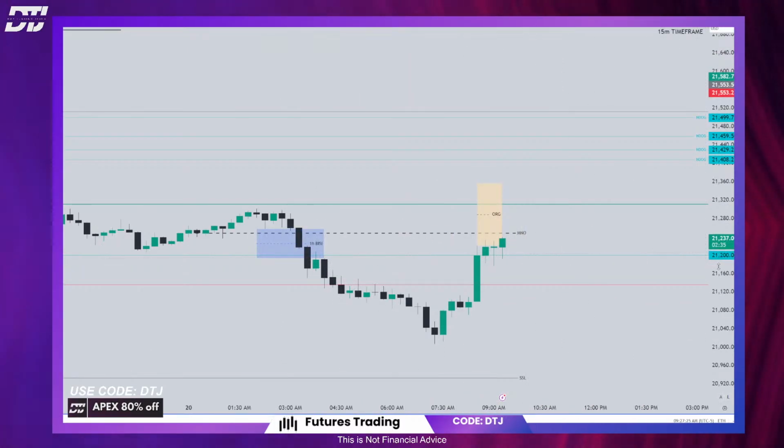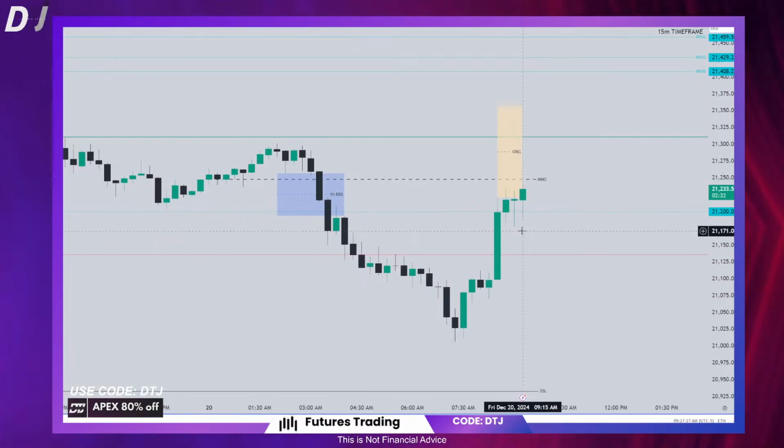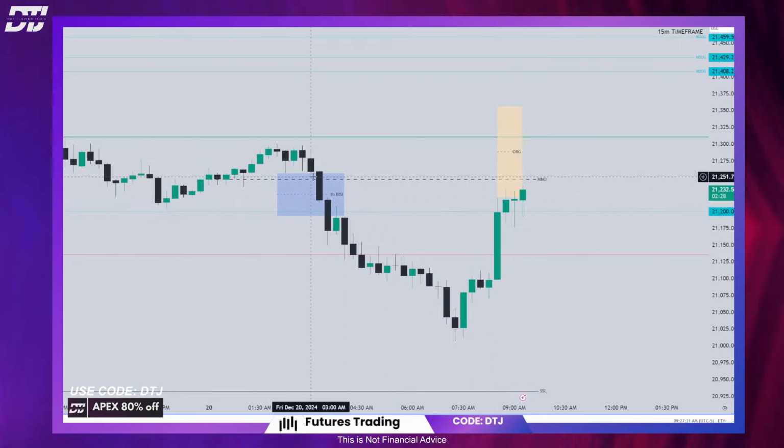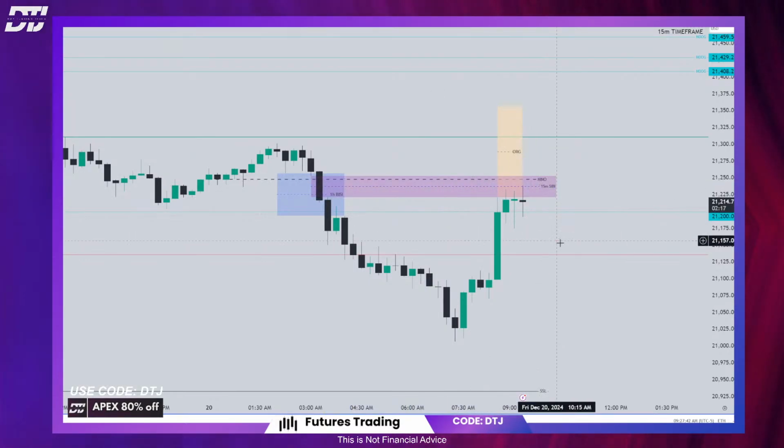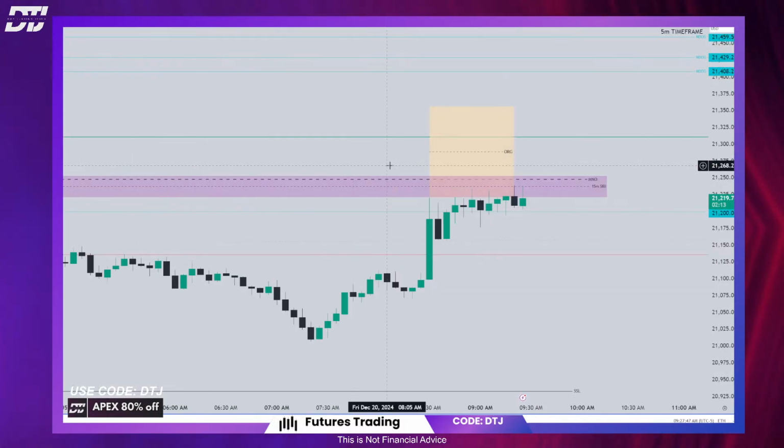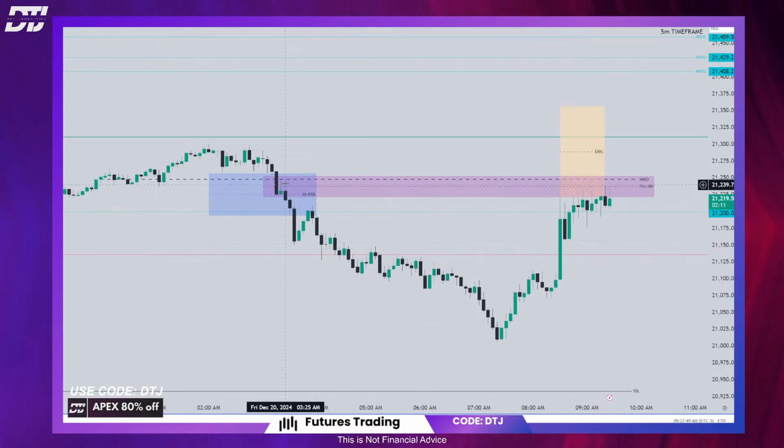Let's see what we got here. We've already wicked into this 15-minute fair value gap. We got a 15-minute fair value gap sitting right here. We'll see if we are going to close above that in 3 minutes. On the 5 minute, we're consolidating.